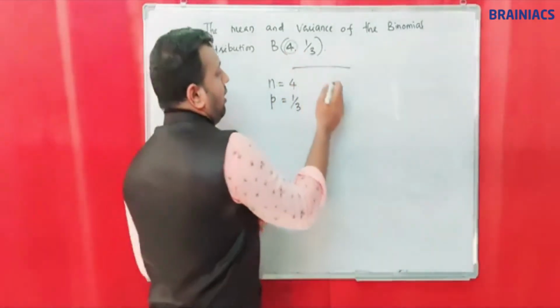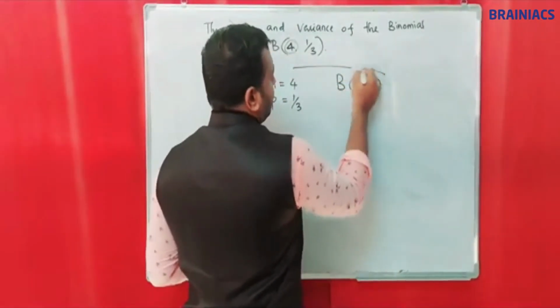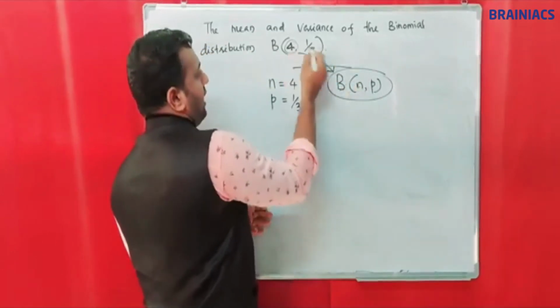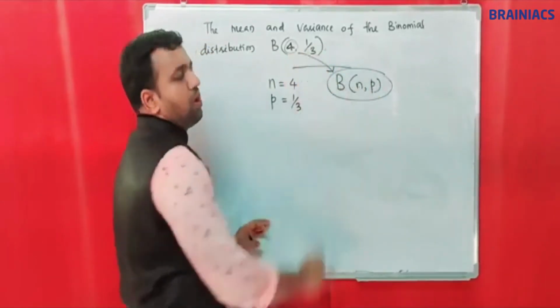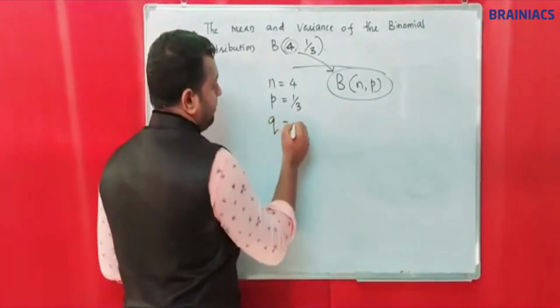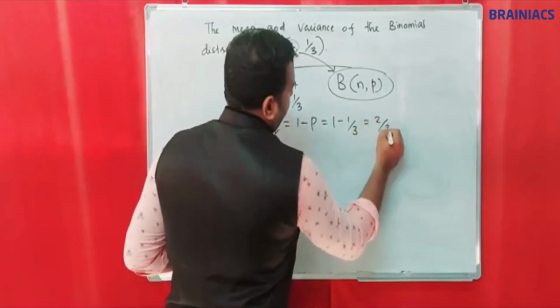Okay, so we can say that B(n, p) is such a type of representation. So we can find out the q from here. 1 minus p, answer is 1 minus 1 by 3, answer is 2 by 3. Okay.